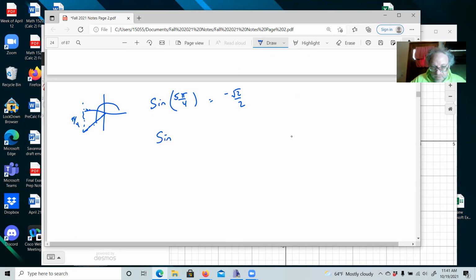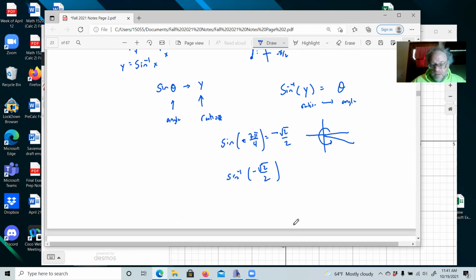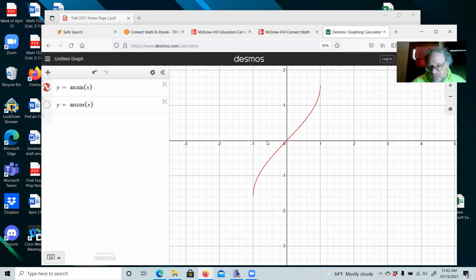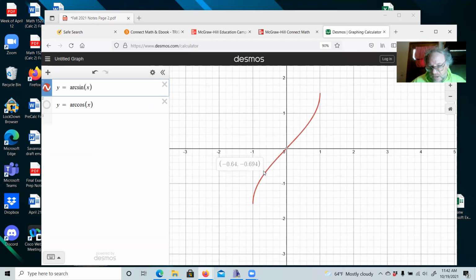So we want inverse sine of the ratio negative square root of 2 over 2, equals. Let's look at our graph. Our ratio was about 0.7071, so we'll call it right here. I'm just looking at the graph. Here's about 0.7-ish.